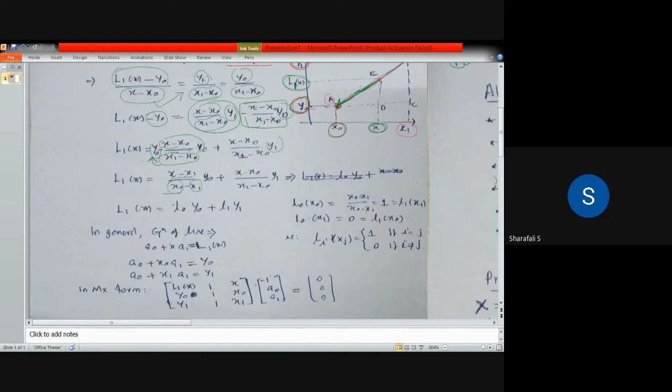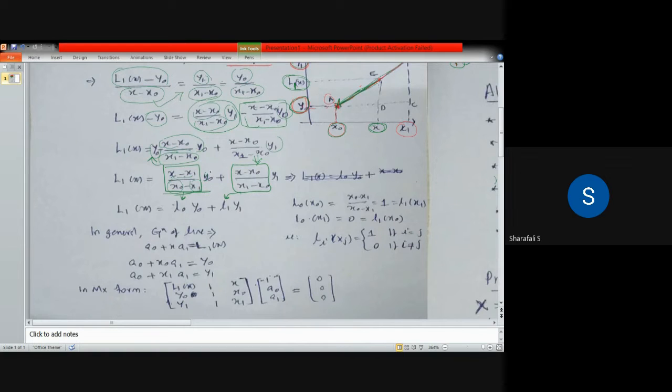Okay, so we'll get this equation. This term remains as such. This term you have to cross multiply and subtract the terms, and then you'll get this kind of expression. This term, (x minus x1) divided by (x0 minus x1), I am calling L0. And this term, (x minus x0) by (x1 minus x0), I am calling L1.